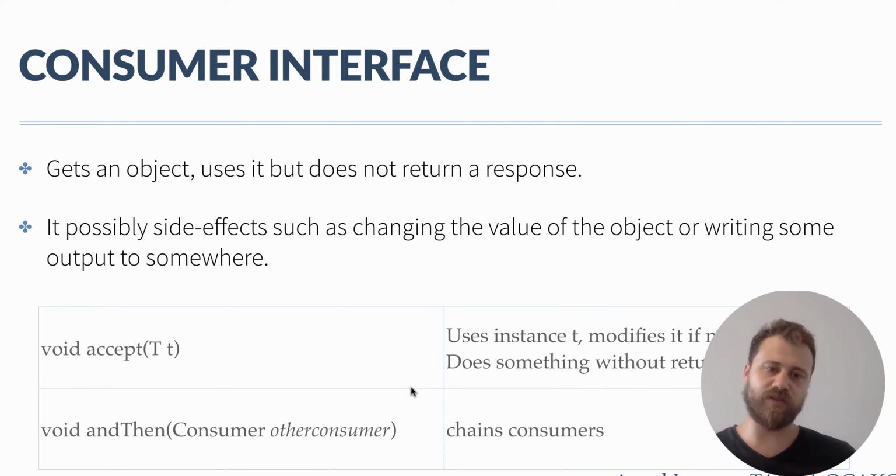The first method is the execution method, which is accept, and it returns void because it only consumes the data, which is type of T. And we may compose the consumers by andThen method. So we may chain any other consumer to a consumer. Both of them may use the same input argument, and with some side effects they don't create any output.